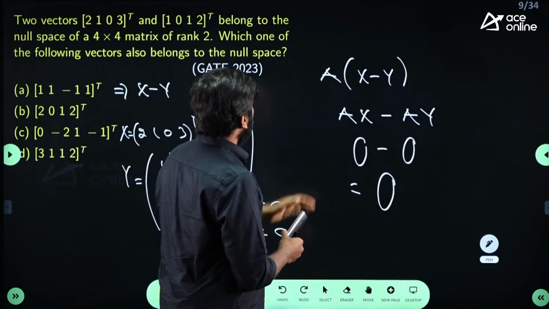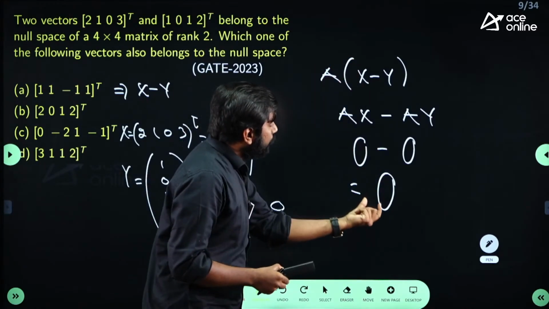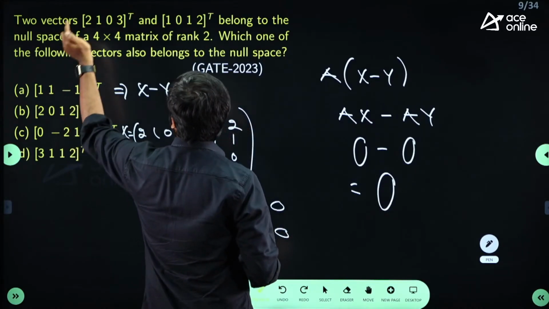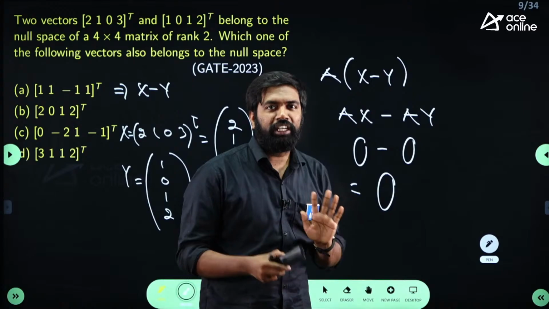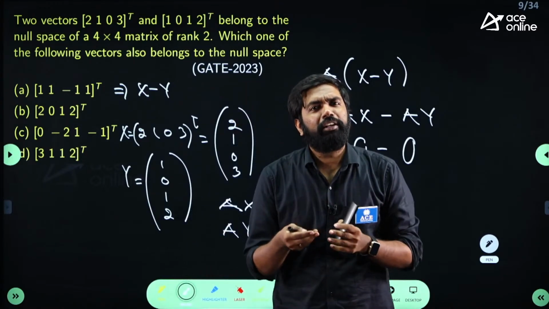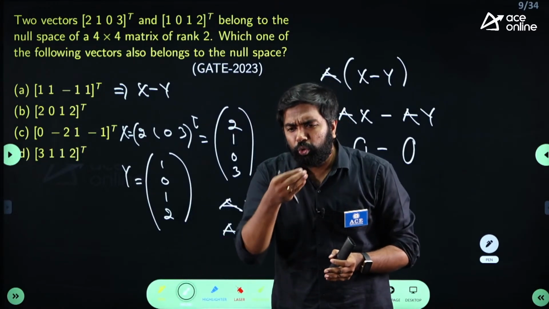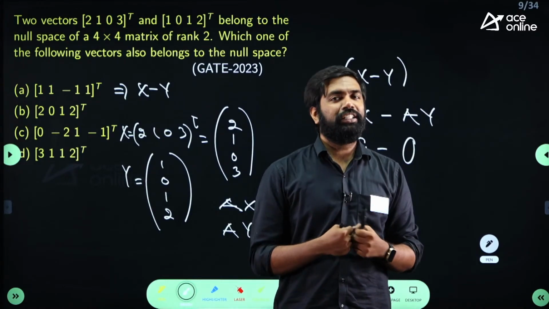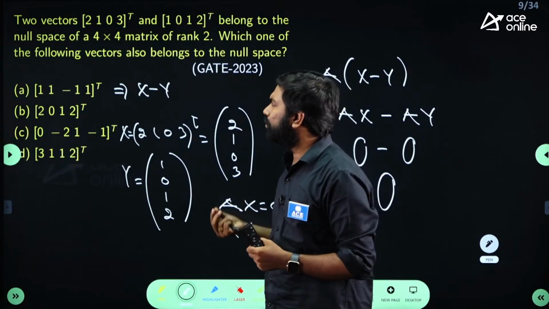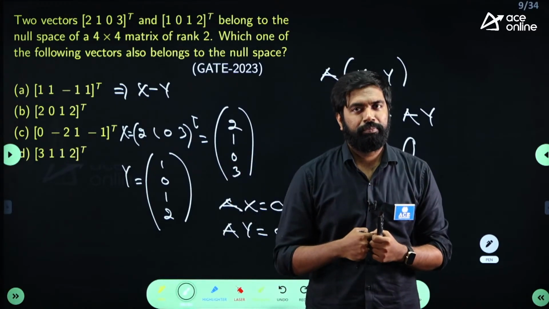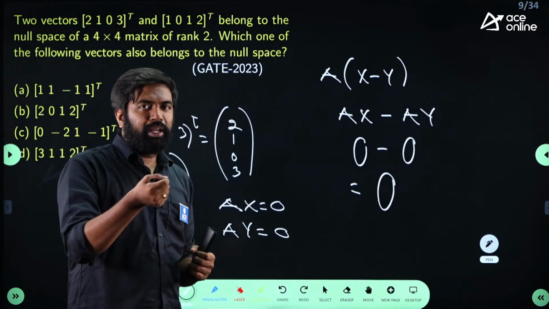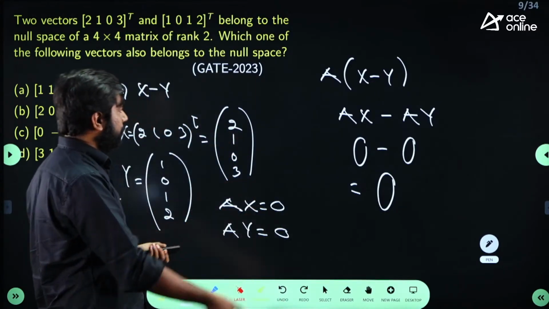So finally A into x minus y is also giving us 0. That means this particular vector will also be in the null space of the given matrix A. Look at the way they created it. Even though you don't know what null space is, even then you can answer such questions. It is just a matter of simple observations, right? So I am very happy that some of you have understood that logic. Let's proceed.